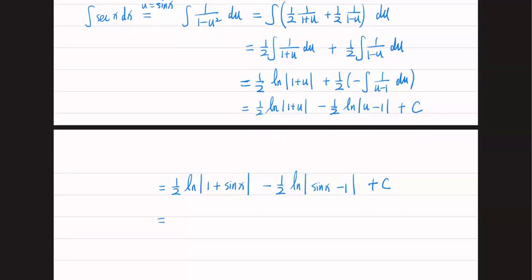Because the sine is between -1 and 1, this term will be non-negative. We can drop the absolute value. Agreed? What about this one? How do we drop the absolute value of this term, sine x minus 1?